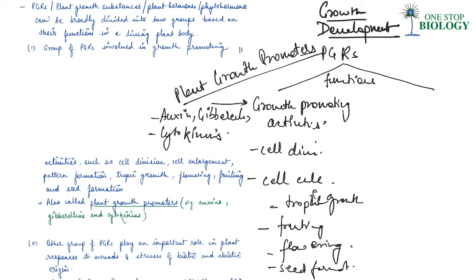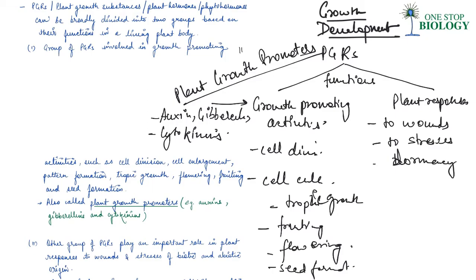Now the PGRs of the other group basically play an important role in plant responses. Now this can be towards wounds, towards stress, such as dormancy, seed dormancy, or abscission. So basically the example is abscisic acid.